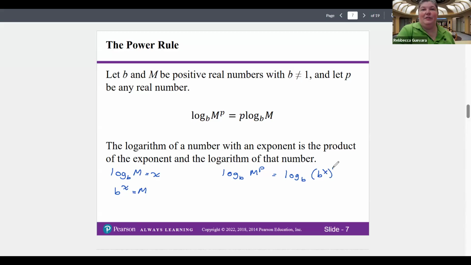We have b to the x raised to the power of p. So by properties of exponents, this multiplies, so we have b to the x times p. Then we have base b and base b, so we're just left with xp. The p we can't convert to anything, but we know x is going to be log base b of m.